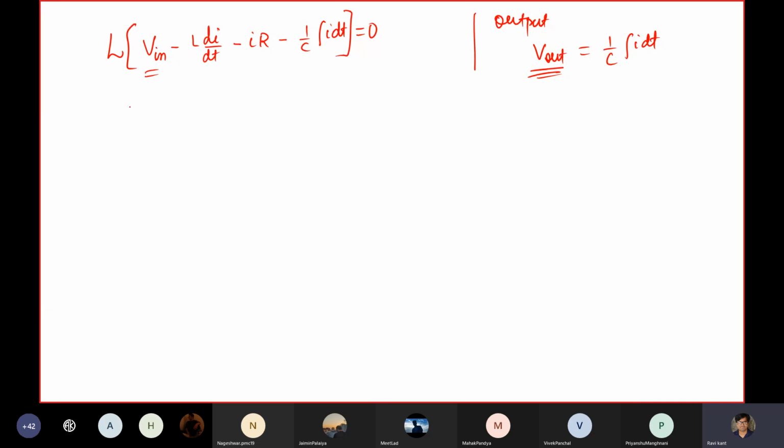While taking the Laplace transformation, we have capital V in the Laplace domain, minus L times the differentiation of I, which means s times I of s with initial condition 0, minus R times I of s.